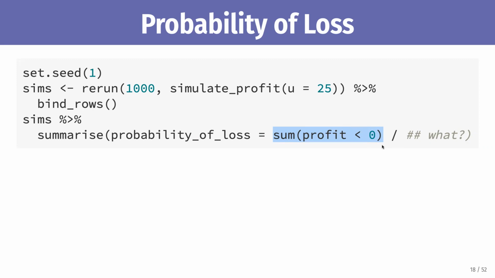Does anybody have questions about how that part of the code works? We're going to be using logical statements like this to calculate a whole bunch of the different probabilities that we're interested in. Okay, so if this is my numerator, what am I going to put in my denominator here?